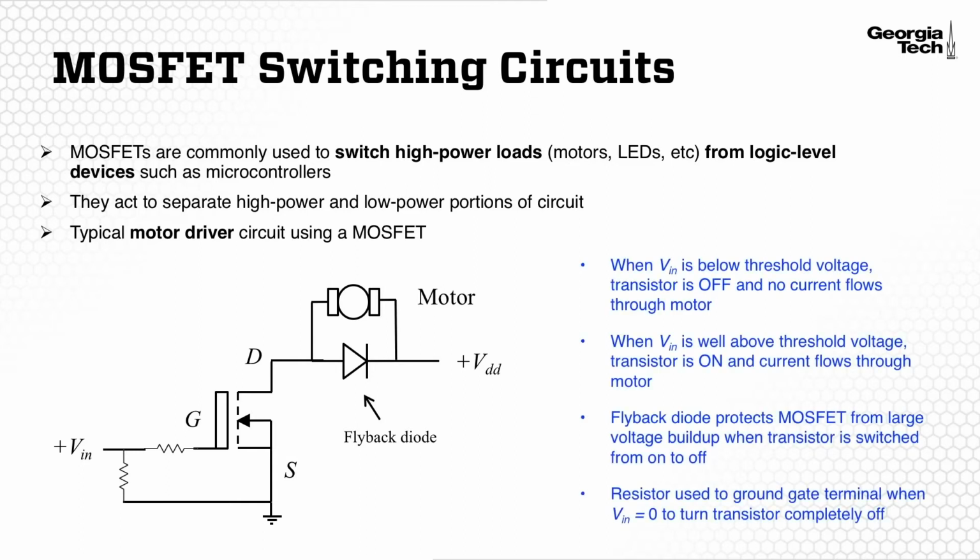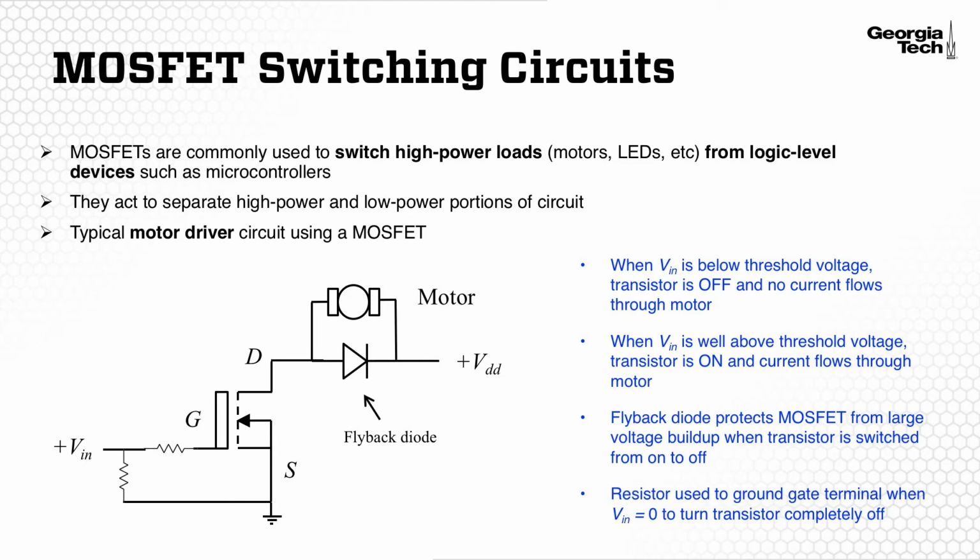When Vin is above that gate source threshold voltage we talked about, then the transistor's on, and the drain source resistance, the resistance between the drain and the source of this MOSFET, is very low, usually less than 1 ohm. And thus, there'll be a current path that will allow the motor to turn on.